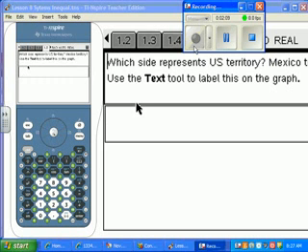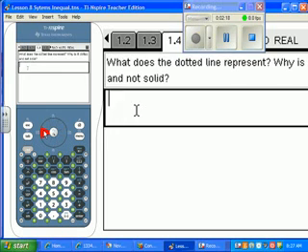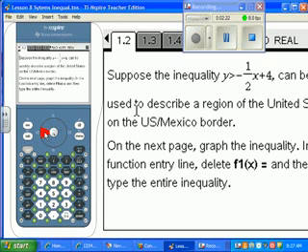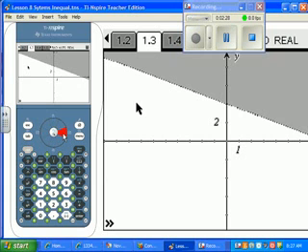Alright, so which side represents U.S. territory? Mexican territory? Use the text tool to label this on the graph. So go back. What would it say? Suppose the inequality can be used to describe a region of the United States on the U.S.-Mexican border.